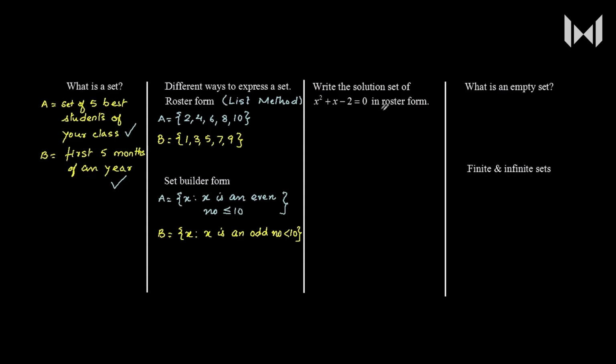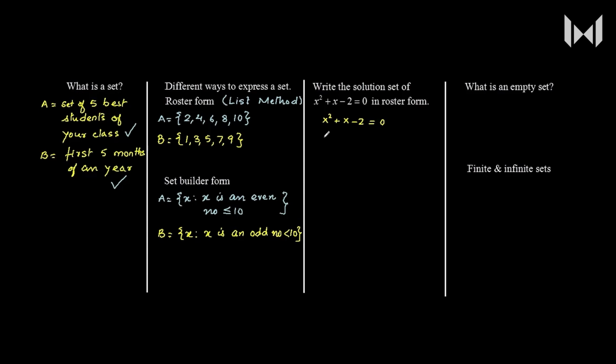Now over here in the example, write the solution set of x square plus x minus 2 in the roster form. Because we need to write in the roster form, that means we need to list the values of x for which this given equation holds true. So we first need to solve this.